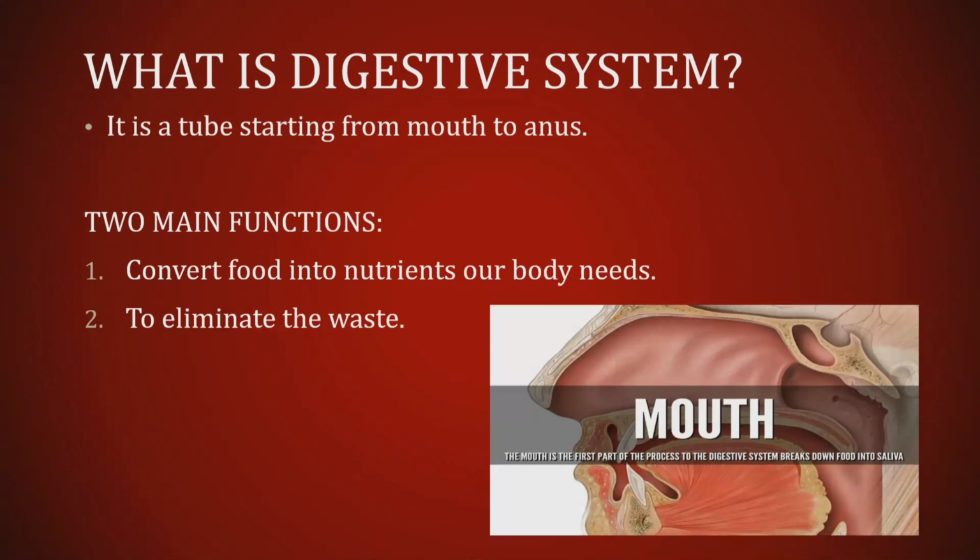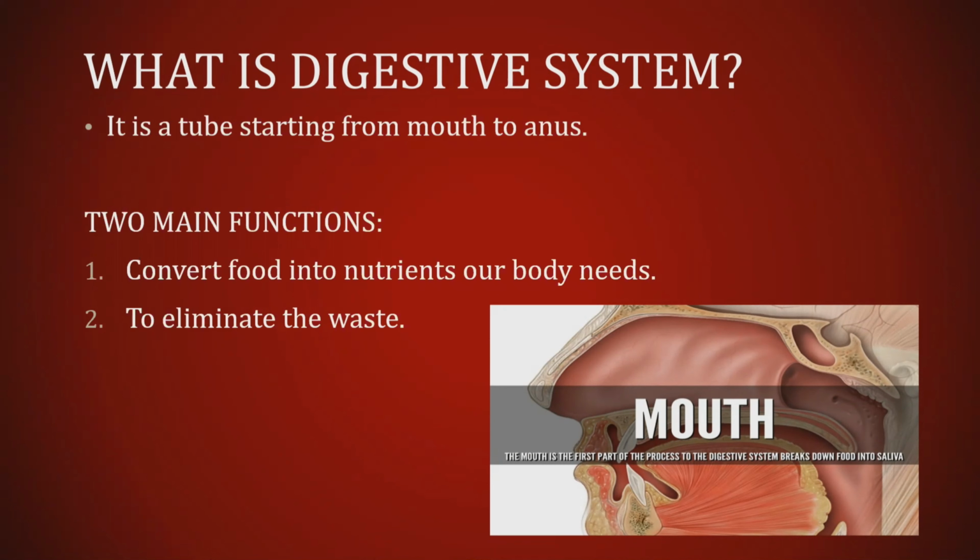It breaks down huge macromolecules such as proteins, fats, and starch, which cannot be absorbed intact, into smaller molecules such as amino acids, fatty acids, and glucose that can be absorbed across the wall of the tube into the circulatory system for dissemination throughout the body.